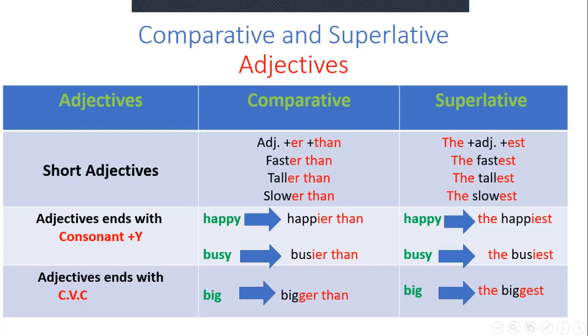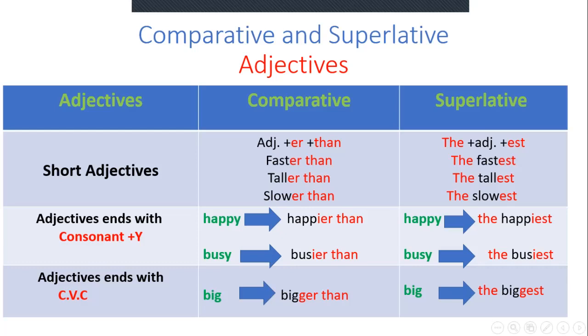Okay, my students. Also, if we have an adjective that ends with consonant, vowel, consonant, like the adjective big, we double the last letter before adding ER. Big, bigger than. Here, my students, we add another G. Now look here at the last letter. Where is the last letter here?